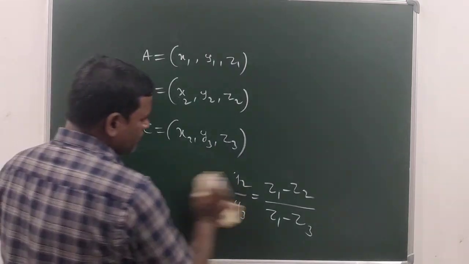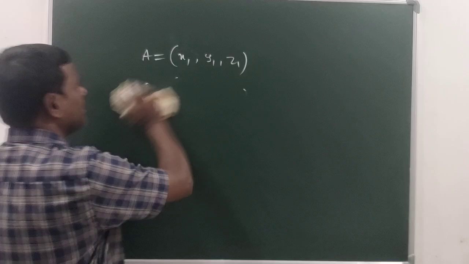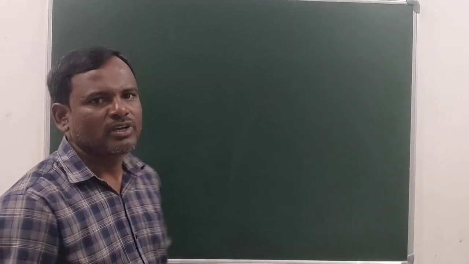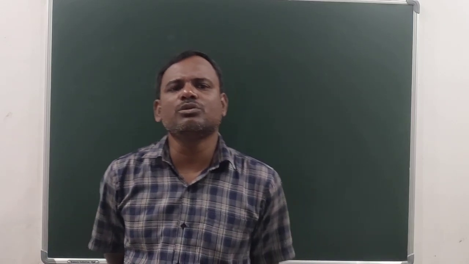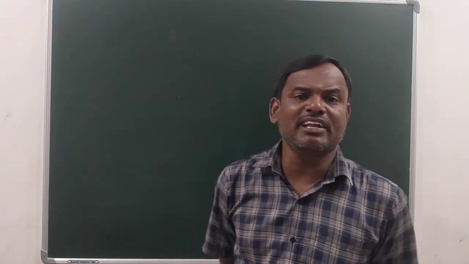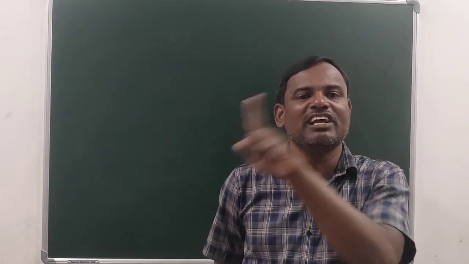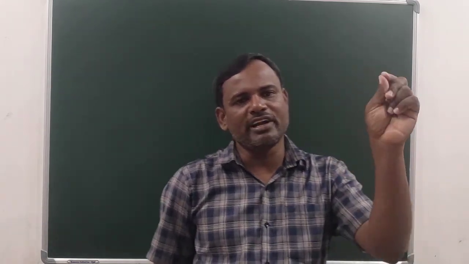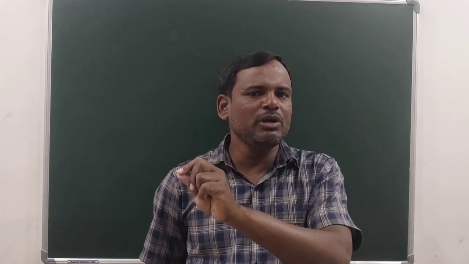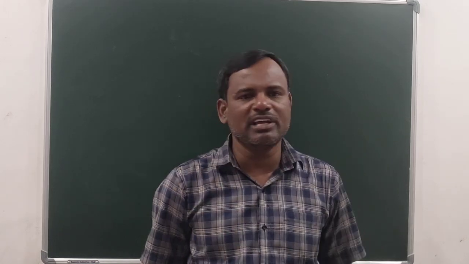Now let us go to one more point. You know, in the section formula, you got that formula. So sometimes they will ask you this question. At what ratio does the xy plane divide the line joining AB? A coordinates x1, y1, z1, B coordinates x2, y2, z2 will be given.